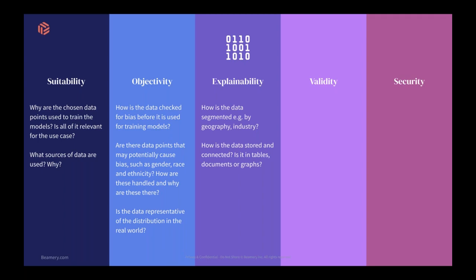So you're saying it is important to understand how the data is stored, whether it's in tables or in graphs, because the way these data points are connected makes a difference in how explainable the model is. Can you just explain a little bit more what an explainable model is, or give an example maybe of the difference between something that's explainable and something that is not?